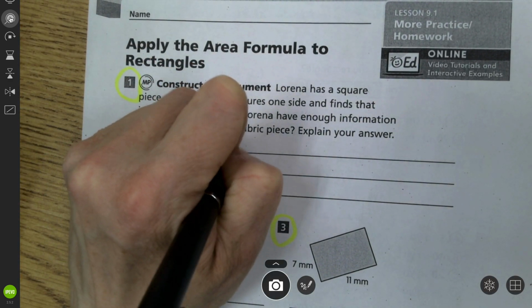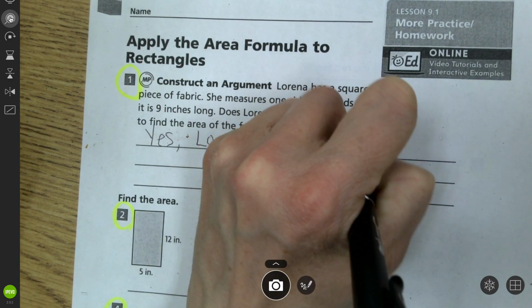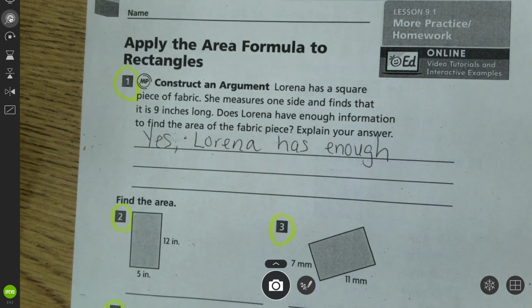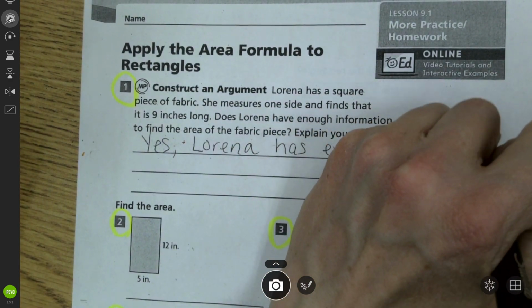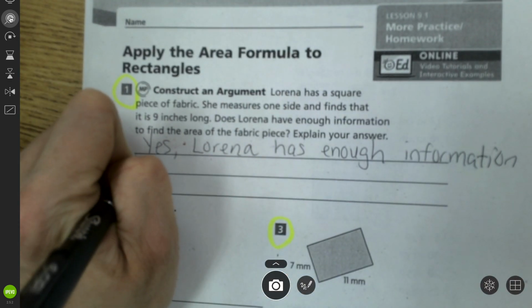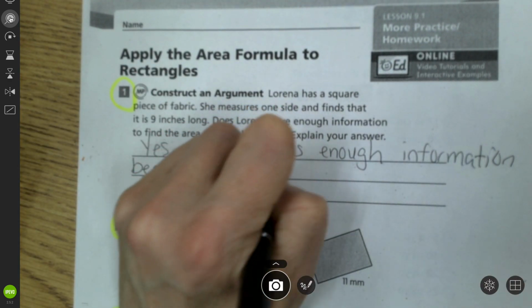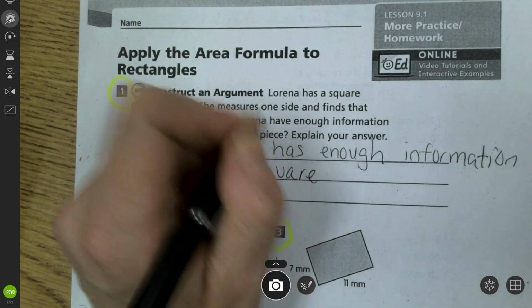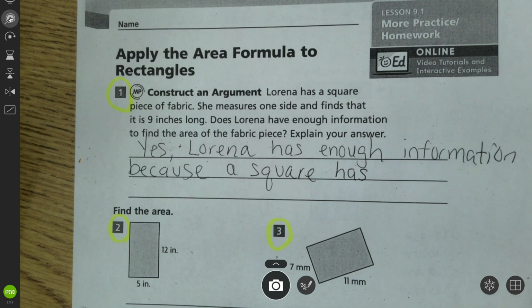Lorena has enough information. We still always want to work on restating our question, right? Because, why? A square has what?